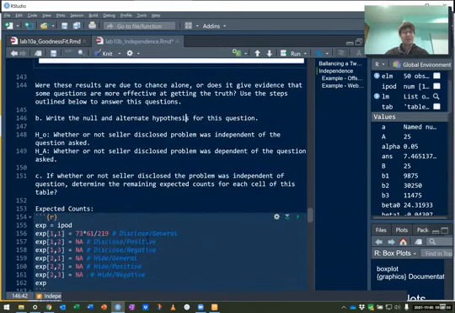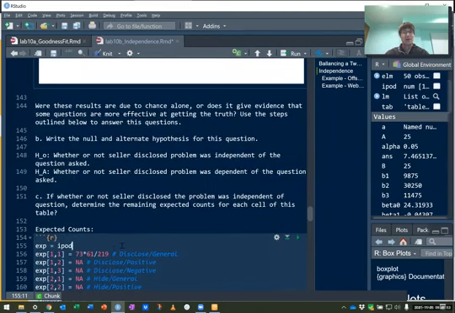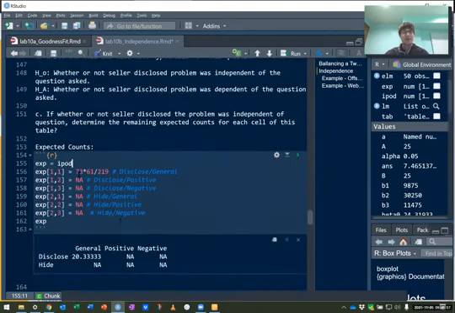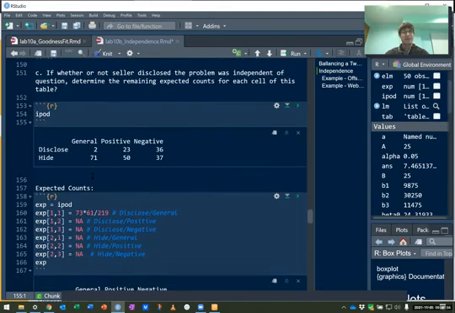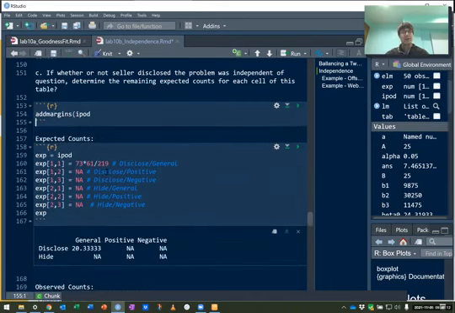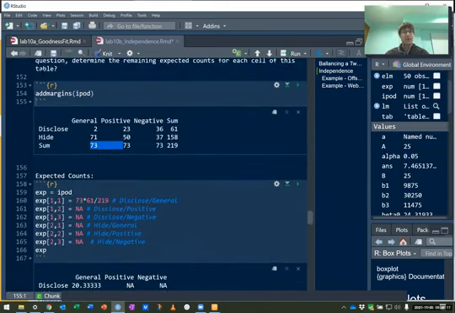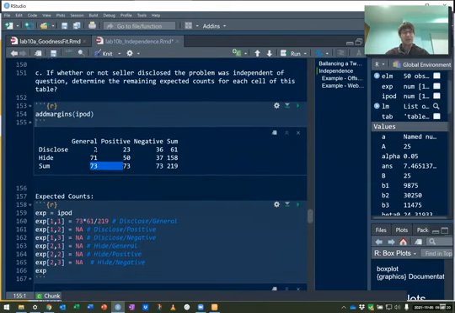Now the expected counts based off our iPod sales. I'm going to put the iPod data up here so we can see it. We want to put the totals on there too, so we add margins. Once you have the totals, the expected count for the first cell, the 1-1 cell, is the column total times the row total divided by the total.